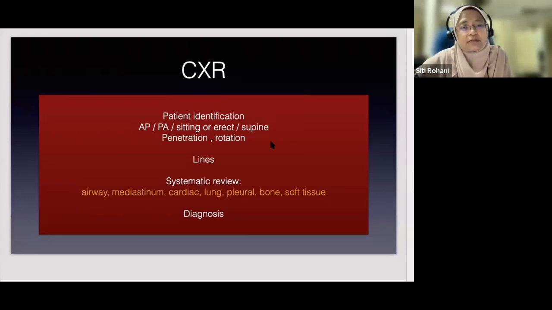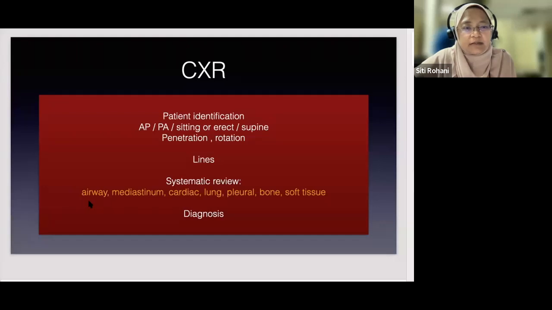We don't want to treat the wrong patient with the wrong reason. Secondly, lines. This is very important as well to review before we go to the airway, mediastinum and the lungs. Check the lines, whether they are in the correct position or there is malposition of the tubes.